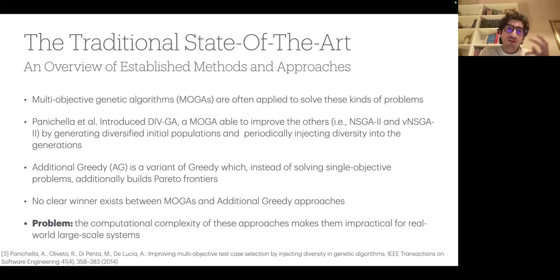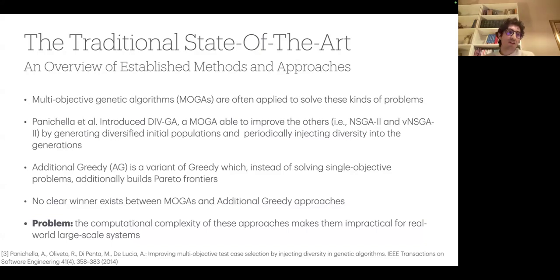But we must say that not only MOGAs, but also greedy algorithms, in particular the additional greedy variant, which solves multi-objective problems, are very well suited for this kind of optimization problem. But there is no clear winner between MOGAs and additional greedy.